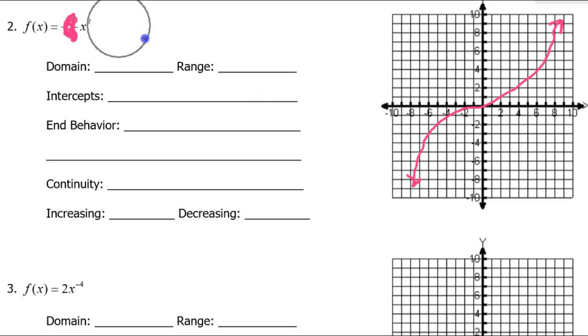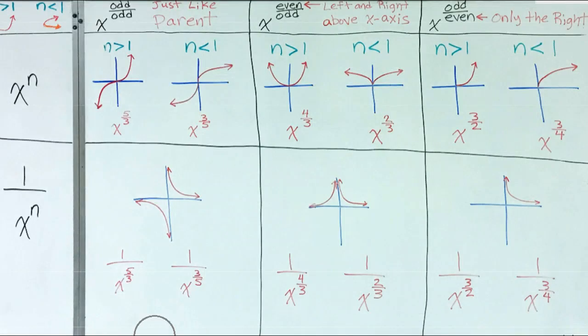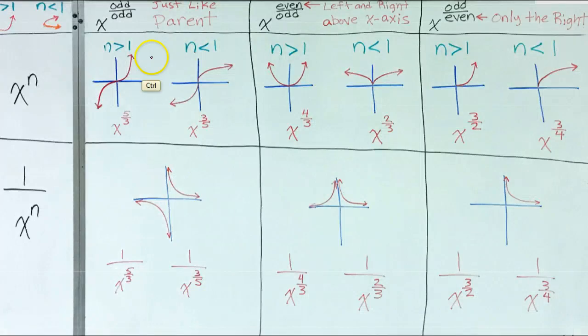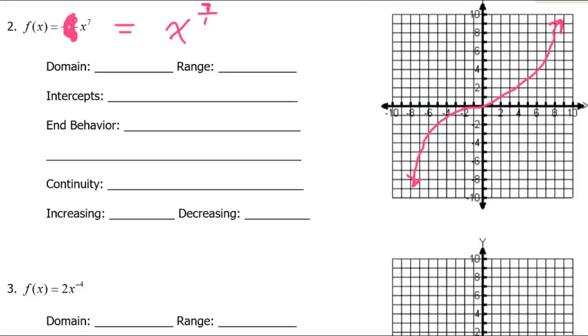And again, in terms of my little magic chart here that has all these wonderful details, if I really wanted to blindly follow the chart, I could look at this as 7 over 1. All right, that's odd over odd. Okay, so that puts me in this part of the chart. So it's going to be one of these, and it's bigger than 1, so the graph looks like this.